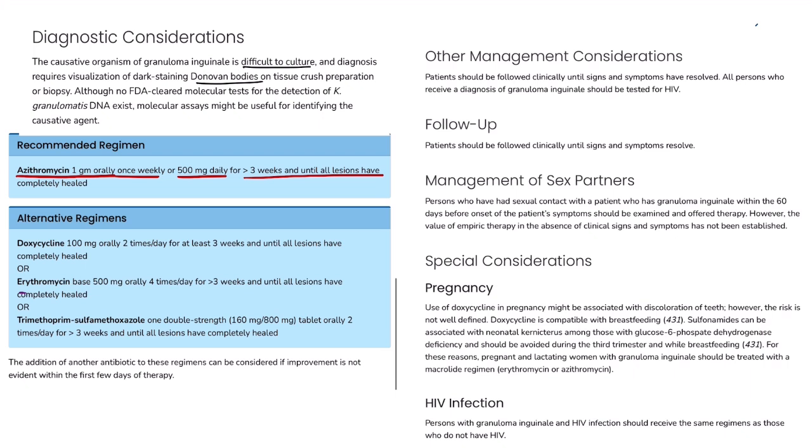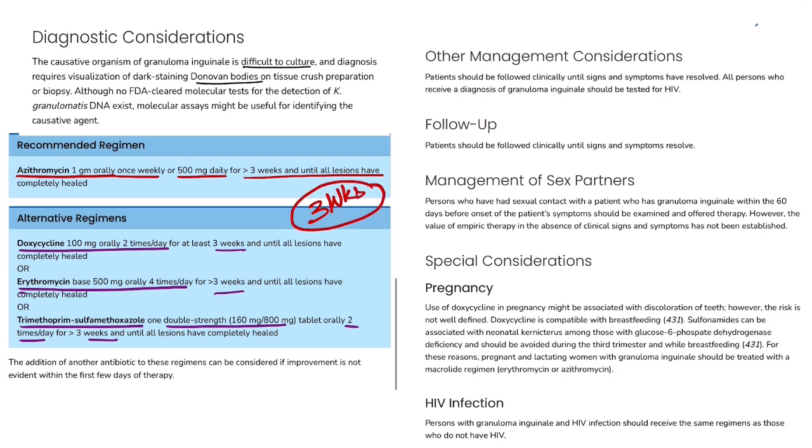The alternatives are doxycycline 100 mg BD, erythromycin 500 mg 4 times daily, or trimethoprim sulfamethoxazole double strength 160 mg/800 mg twice daily, and everything for at least 3 weeks, or if the lesions take longer, till the lesions heal, we need to give these drugs.